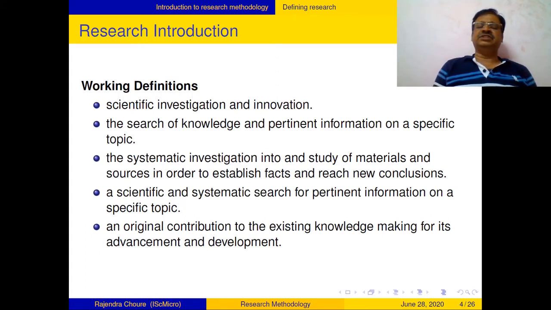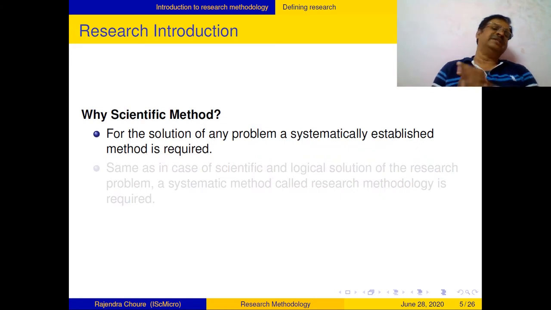Everywhere in these definitions, it is specified that research adds to the existing knowledge and advances the knowledge, and it leads to development of knowledge as well as the society. Then the base of research is scientific method. Why is scientific method essential?